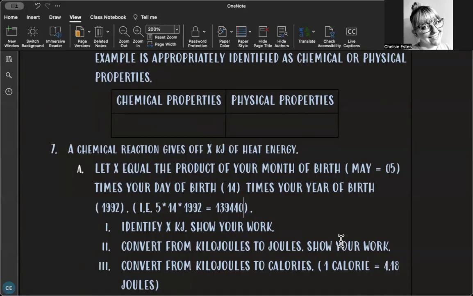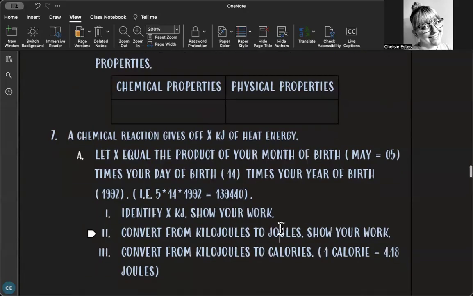So we need to identify X kilojoules. So that would be the first part. The work I showed up here with my birthday would be the same thing you would do down here for number 1. You're going to convert kilojoules to joules. So that is a metric system conversion.